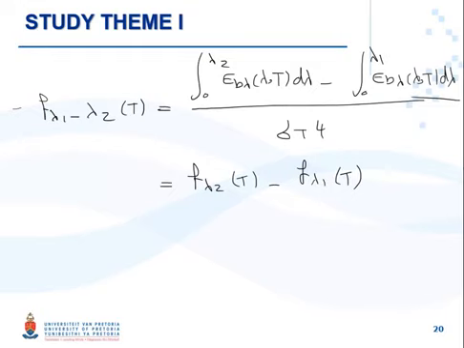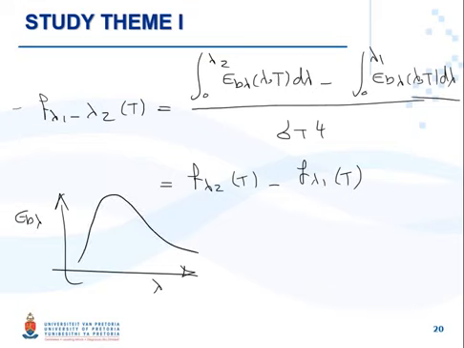Basically, if we have E_b lambda like this, and we are interested between lambda 1 and lambda 2, first we calculate the area between 0 and lambda 2, and after that we subtract the area between 0 and lambda 1. The remaining area is what we are interested in, which is between lambda 1 and lambda 2.